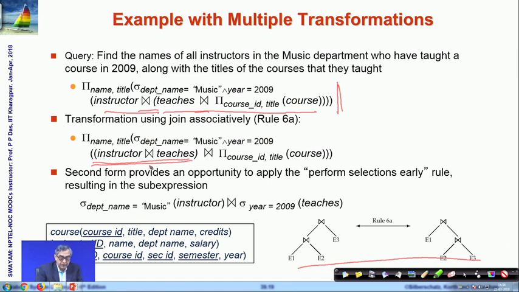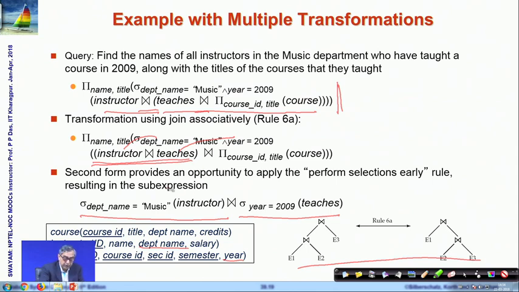Here we are using associativity of joining the first and second and then using the third. Now, if you join first and second, it is possible that the department name is in instructor, and the other condition is year, which is in teaches. So, this department name is in the instructor, year is in teaches. So, I should be able to select early on the instructor based only on the department name being music, and also select early on teaches by using year as 2009, and then do the join.